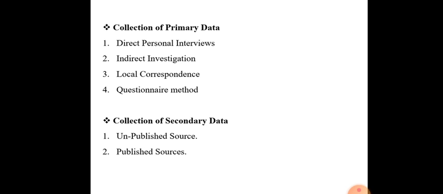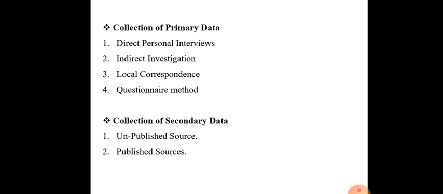And the published sources are the publications of commercial and trade associations, like the Federation of Indian Chambers of Commerce or the Institute of Cost Accountants, etc., as well as newspapers, journals and periodicals.